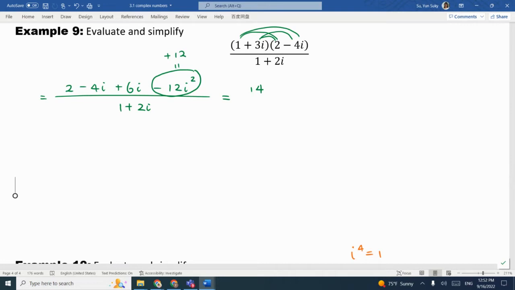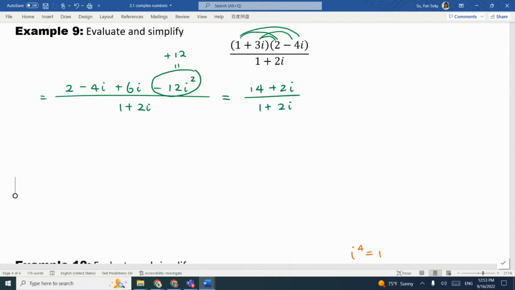Plus or minus? Plus 2i. Yeah, sometimes I make mistakes too. Okay, and denominator 1 plus 2i. So far so good, everybody?